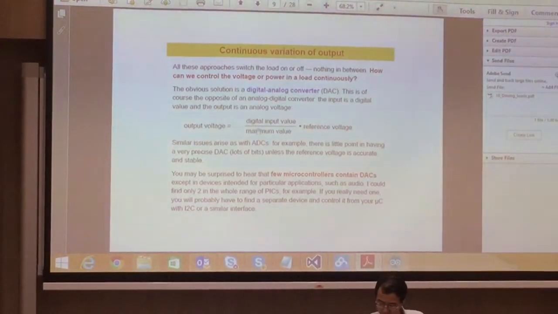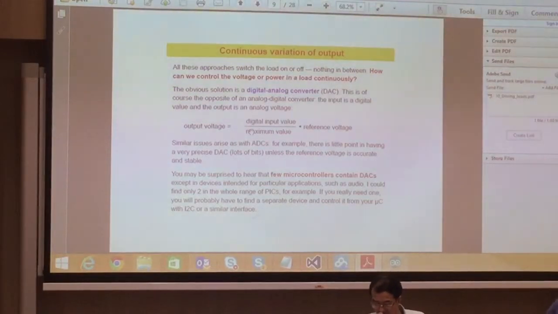So how do we do that? Basically, we can use this formula. Let's say you have a DAC, and your maximum value, for example, if it's an 8-bit microprocessor, what is the maximum value?